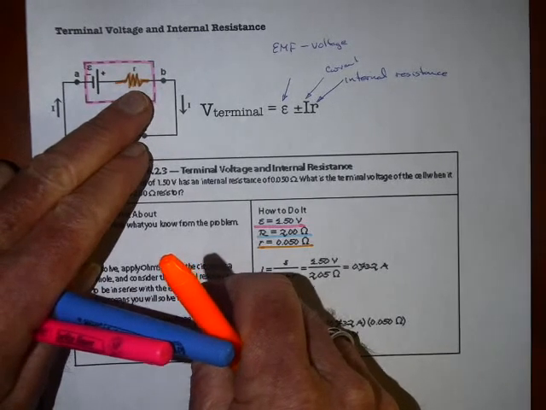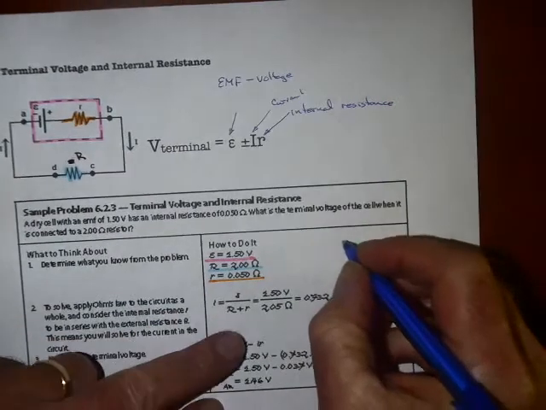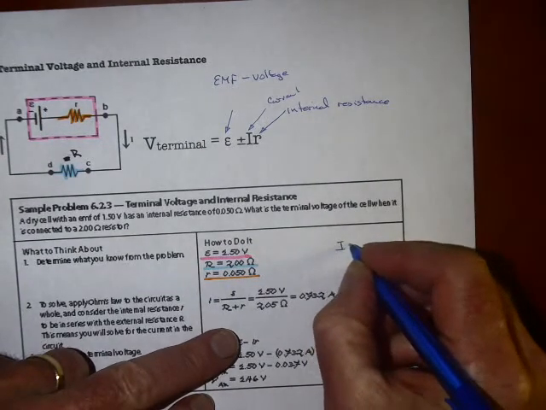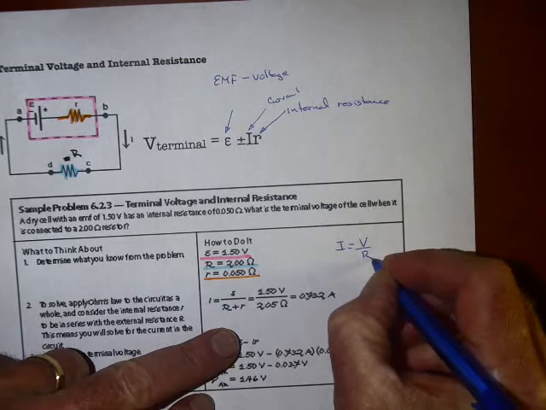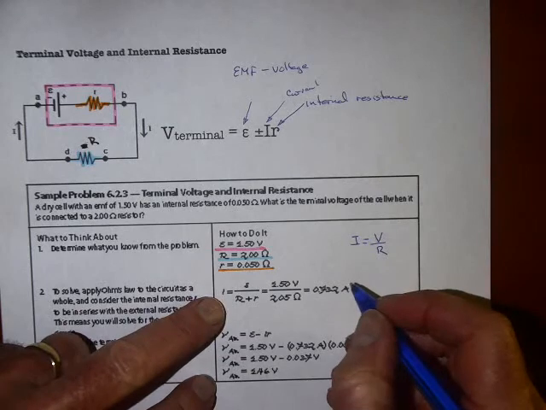Okay. So the first thing you want to do, going back to Ohm's law, is that current is equal to voltage divided by resistance. So we have to find the current first. This is job one.